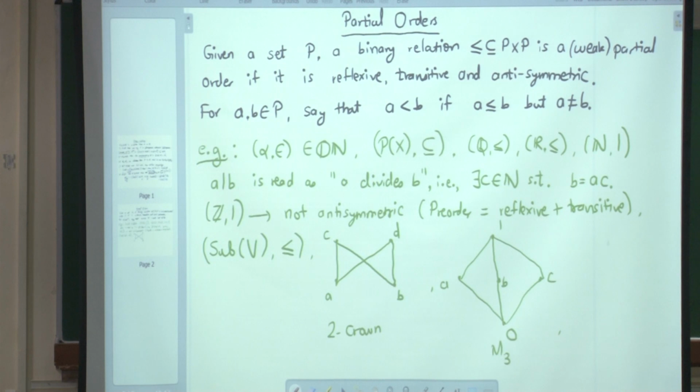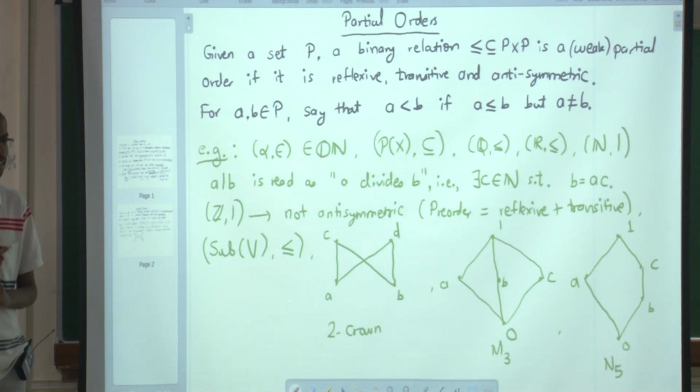Then one more thing which I will need at a later point is this pentagon picture. This is 0, A, B, C, 1, and this is called N5. This is also a partial order.